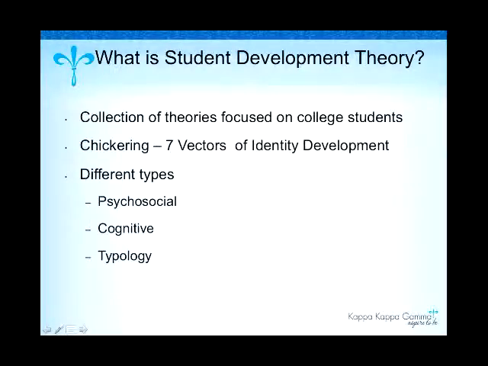Vector 3 is moving through autonomy toward interdependence. So this independence can be emotional, self-direction, problem solving, an awareness of interconnectedness with others. The student comes onto our campuses from a high school, maybe they don't know anybody, or they're looking to begin new and to redefine themselves, and then they quickly connect with a group on campus, whether it's their residence hall, a student organization, a sorority or fraternity.